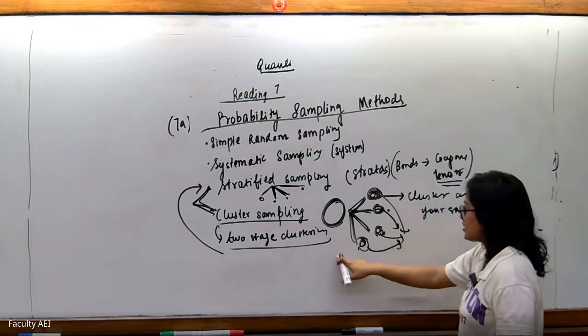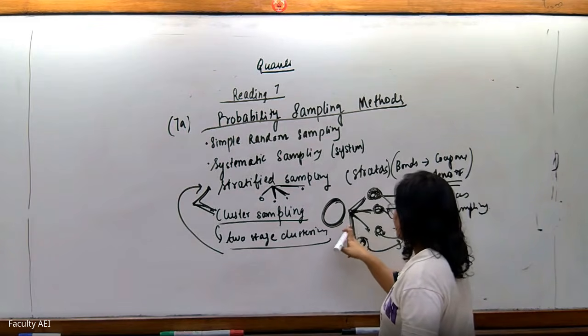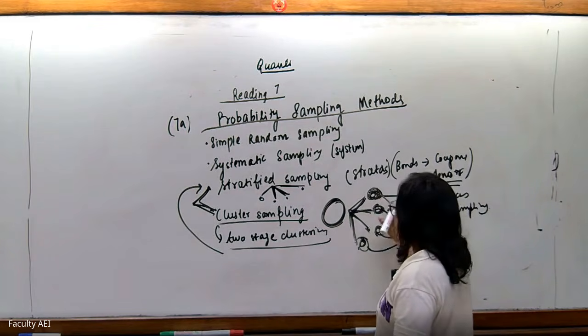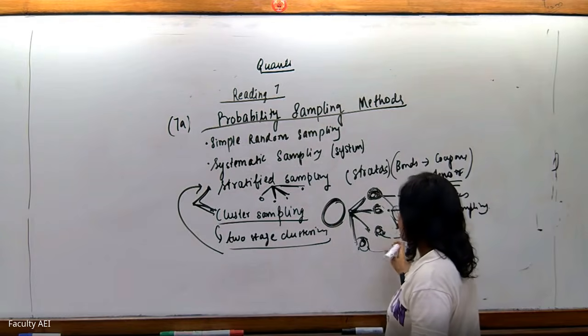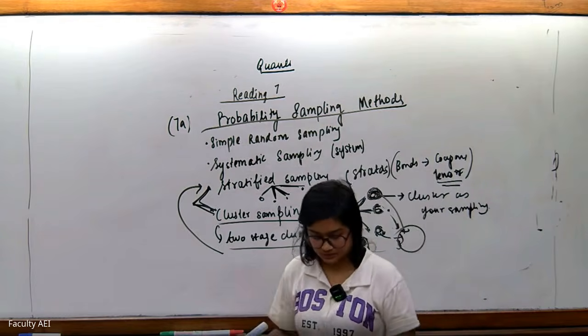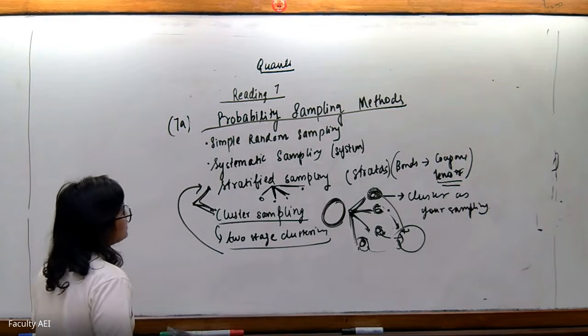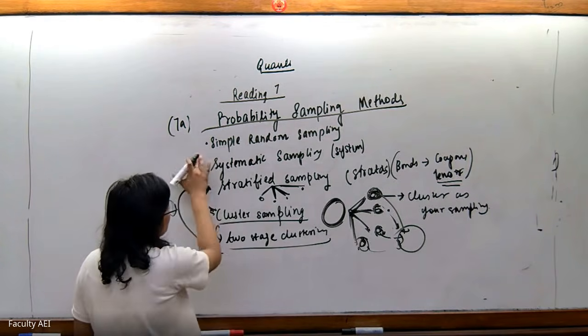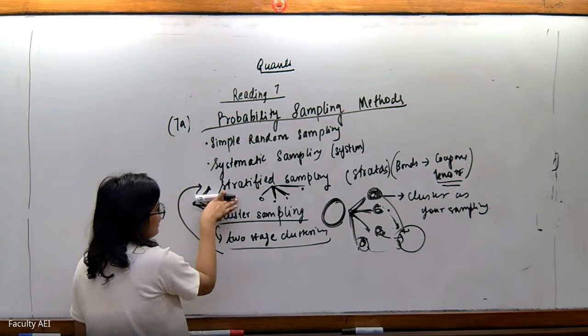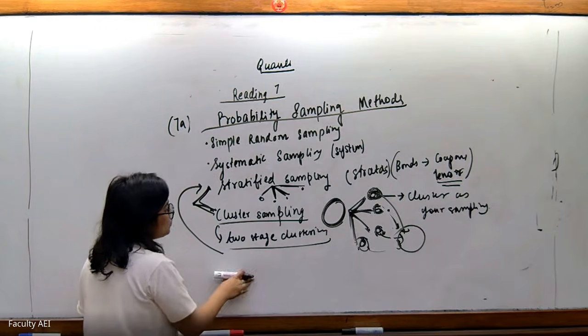So first you divide your whole population into clusters, then you choose certain people from each cluster and form your sample. So these were the probability sampling methods: simple random sampling, systematic sampling, stratified sampling, cluster sampling, two-stage clustering.